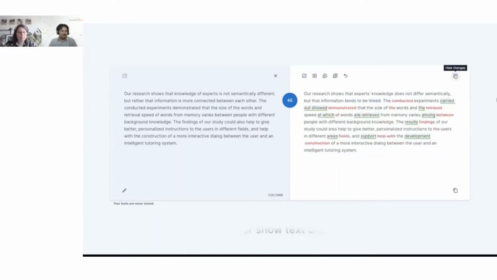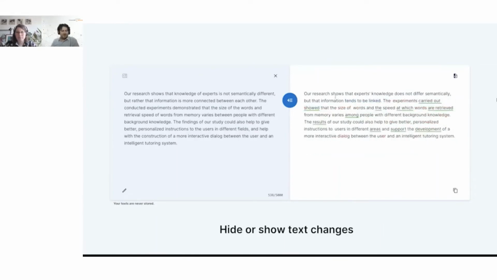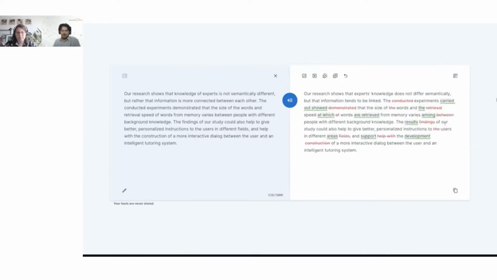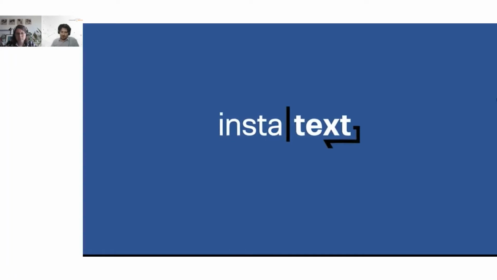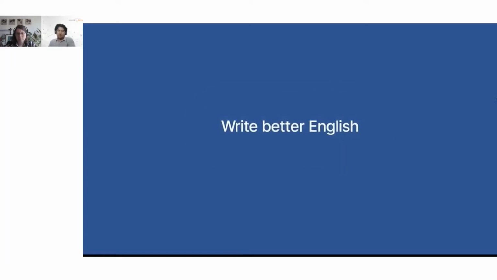You can hide or show text changes for easier readability. You can even edit the improved text manually. Let's change this word and this one. And let's delete this. Now let's finalize the improvements and copy the new text. All set. InstaText. Write better English.